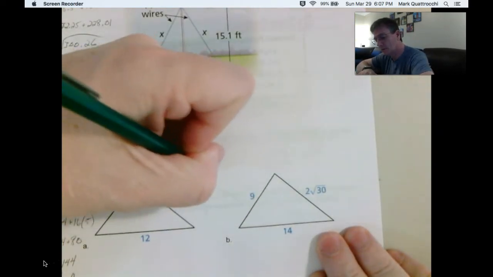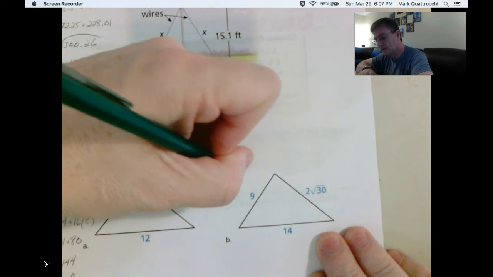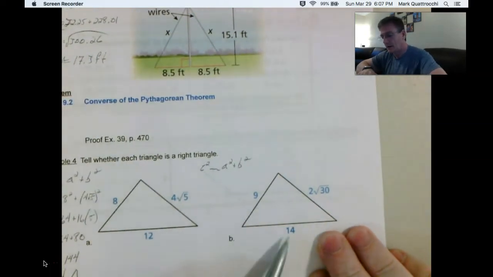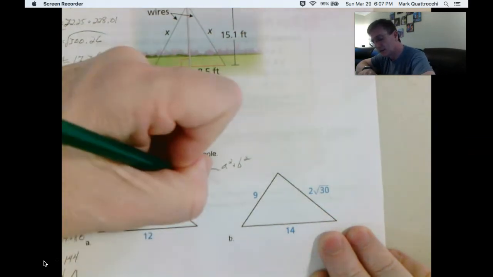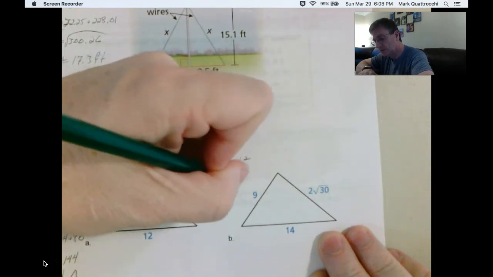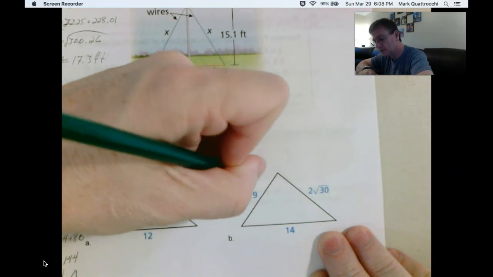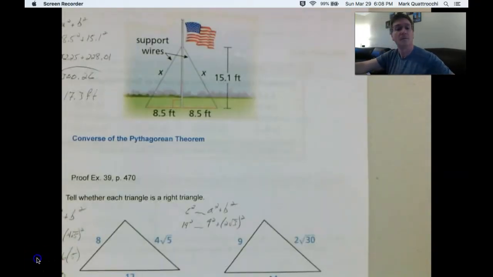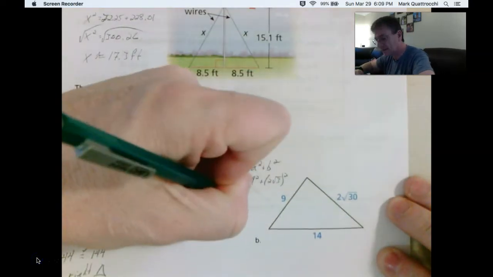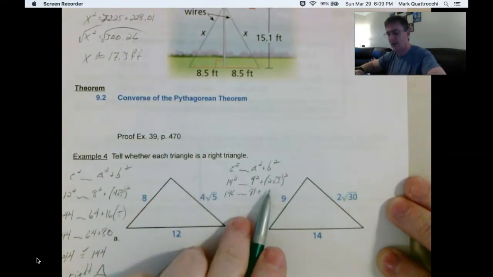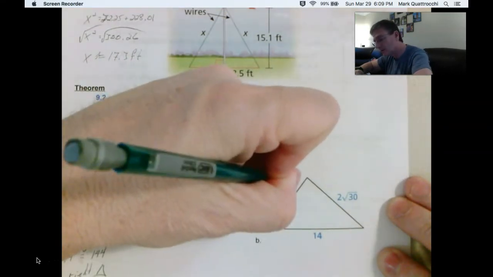Part B, let's find out. C squared blank a squared plus b squared. Again, 9, 14, 2 square root 30. 14 is the largest of these three sides, so 14 squared blank 9 squared plus 2 square root 30 squared. 14 squared is 196 blank. 81 plus, and again we have to do this, I only wrote 3, it's 30.